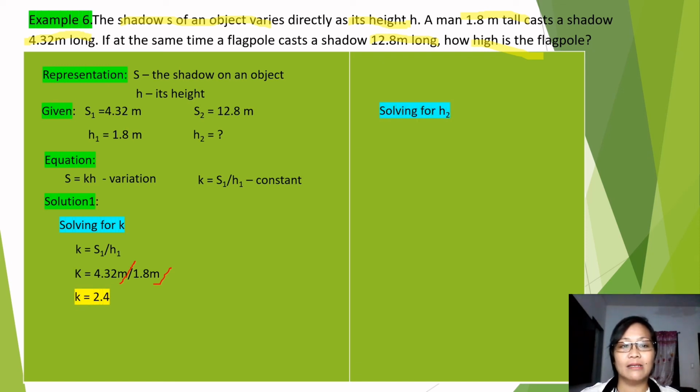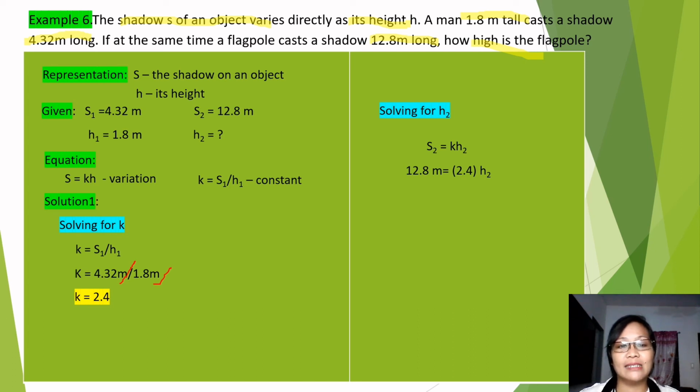Next, solving for H sub 2, we have S sub 2 is equal to K H sub 2. Then, substitute the given. 12.8 meter is equal to K, which is 2.4 times H sub 2.